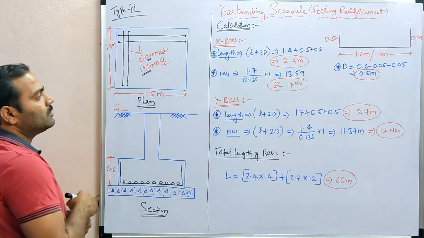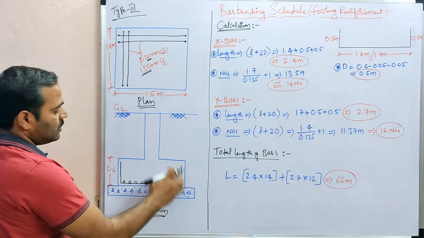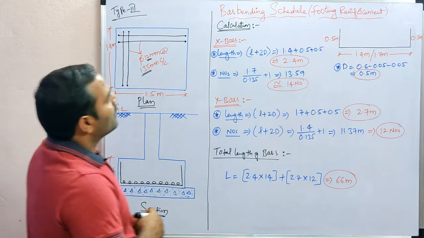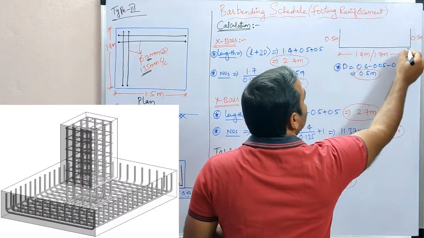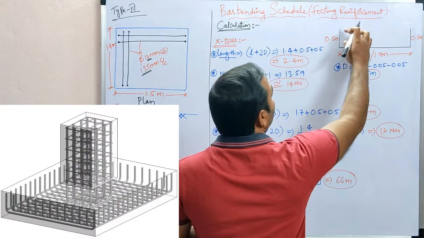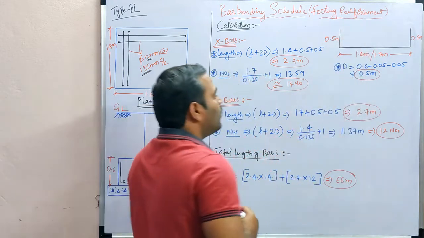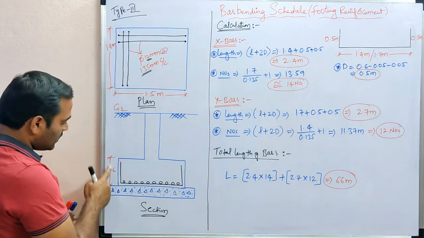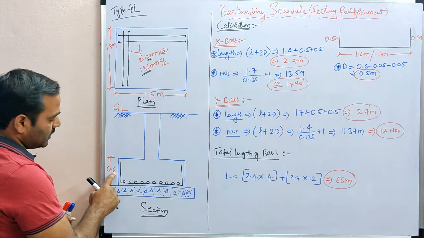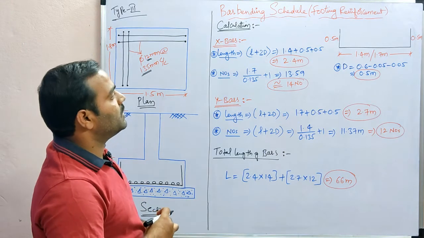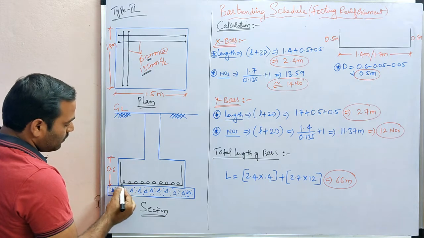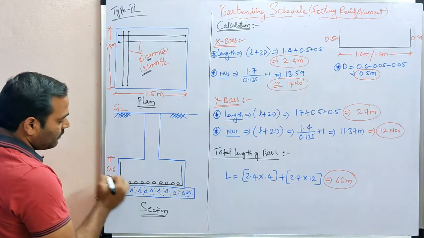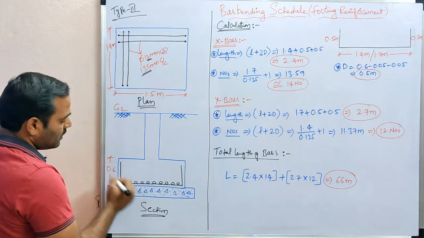So for this we need to do the bar bending schedule for these U-shaped bars. Coming to the calculation part, the bar shape is a U-shaped bar. So how to find this depth? The overall depth given for the footing is 0.6 meters. From the 0.6 meters, 50 mm top and 50 mm bottom, so that means 100 mm we need to deduct, top side and bottom side.